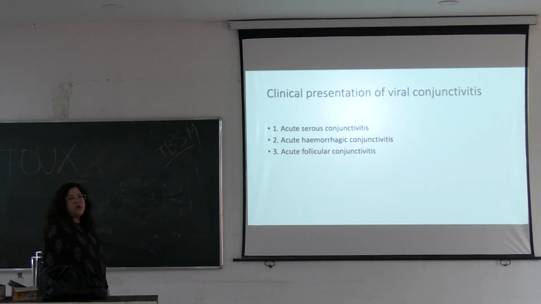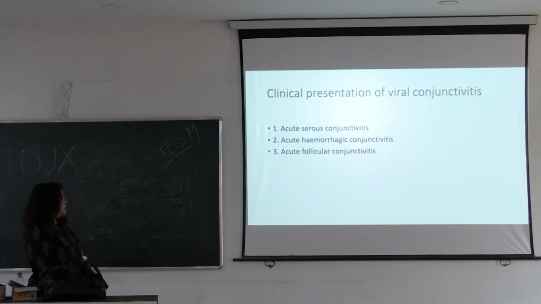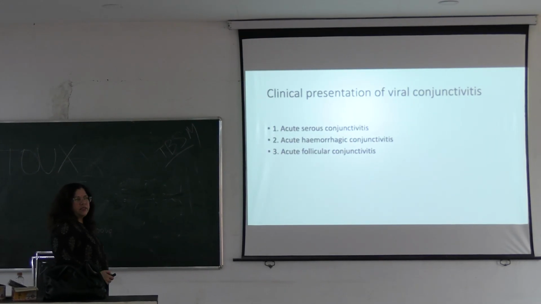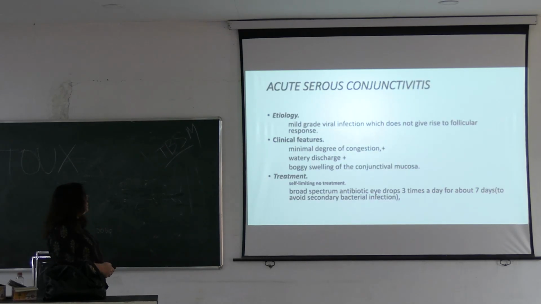According to clinical features, viral conjunctivitis is divided into 3 groups: acute serous conjunctivitis, acute hemorrhagic conjunctivitis and acute follicular conjunctivitis.